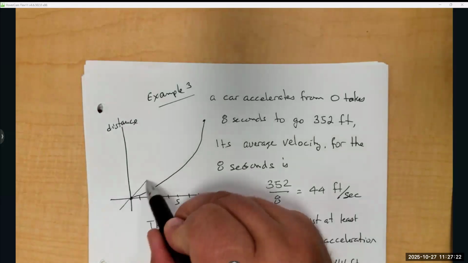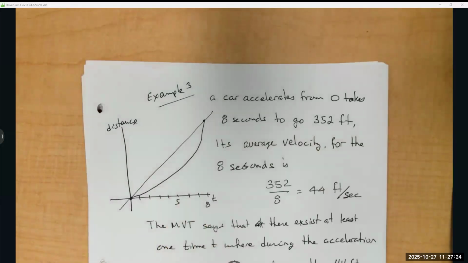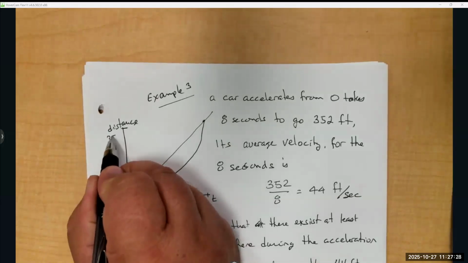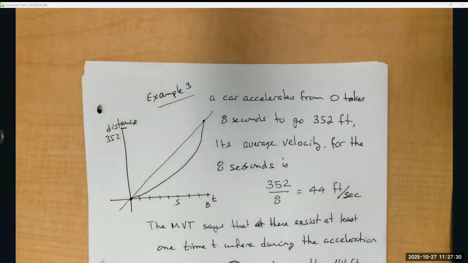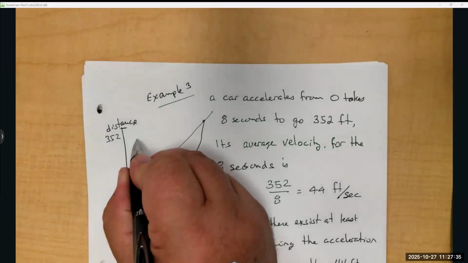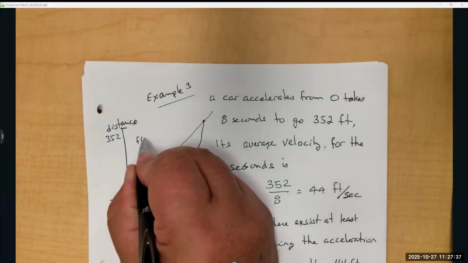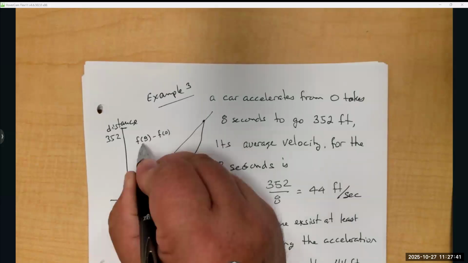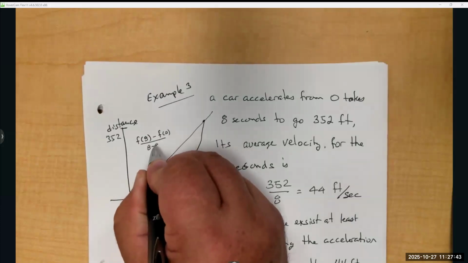So according to the mean value theorem, the distance traveled is f of 8 minus f of 0 over 8 minus 0.